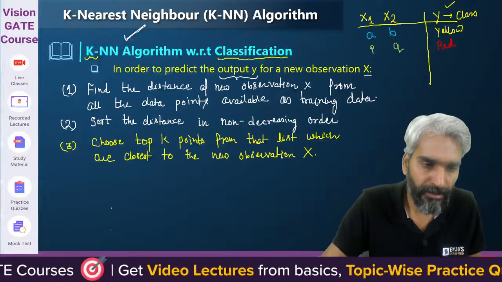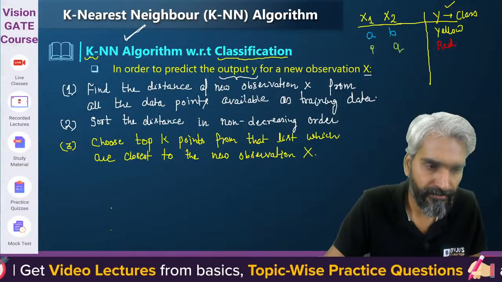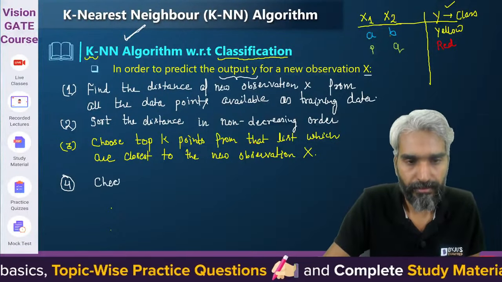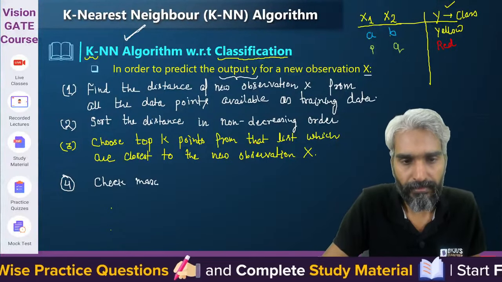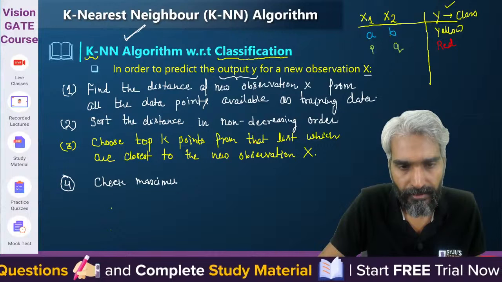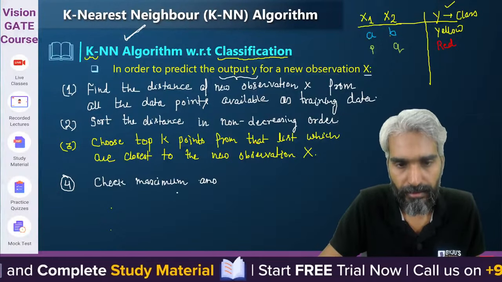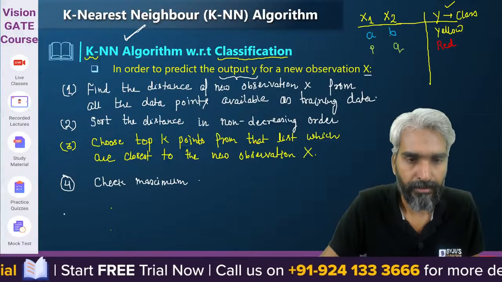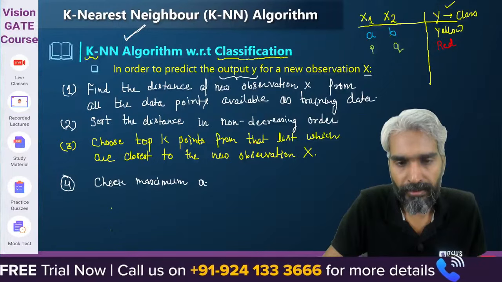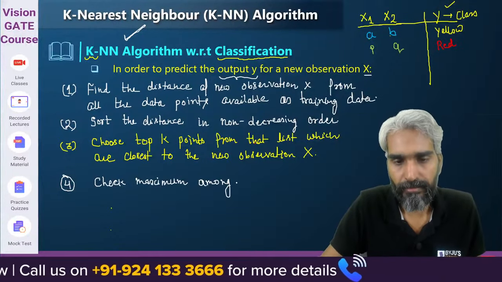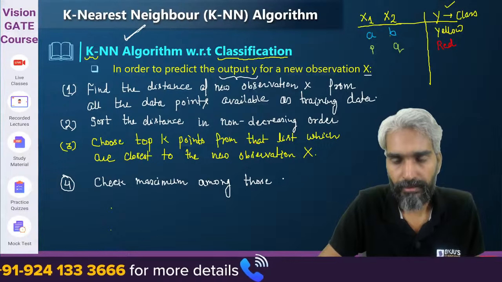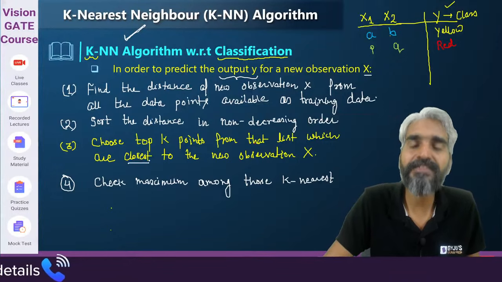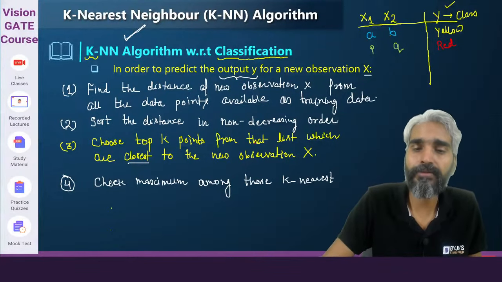The last thing you need to do, the fourth point, is check the maximum among those k nearest neighbors. Closest means nearest.